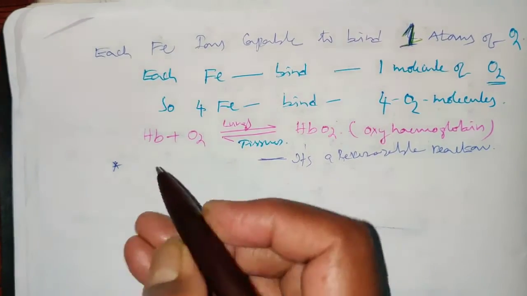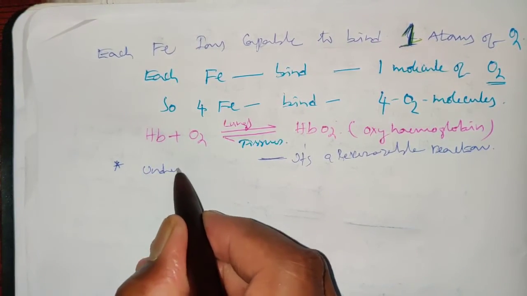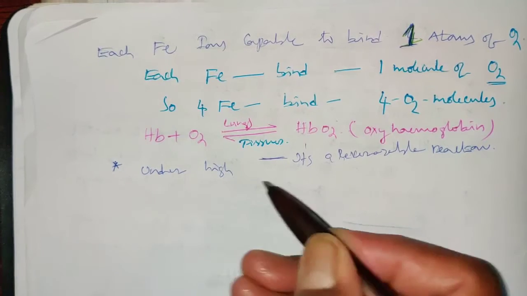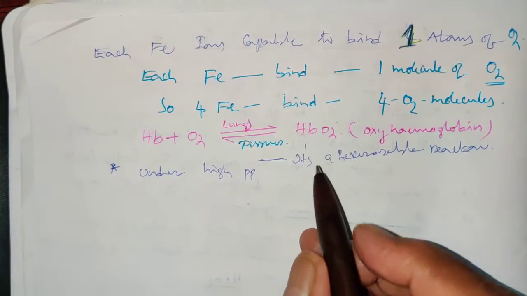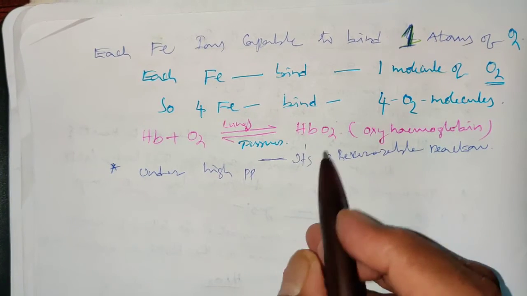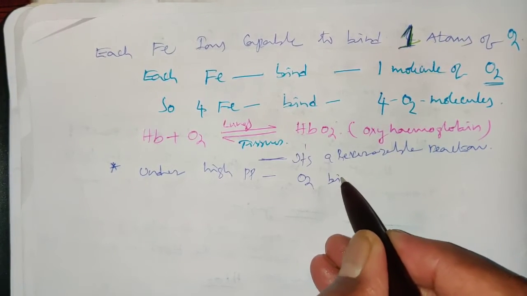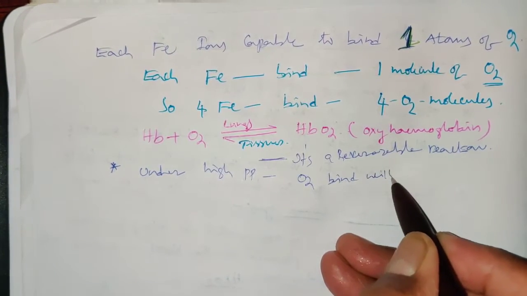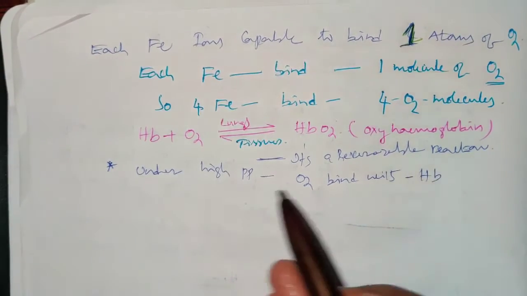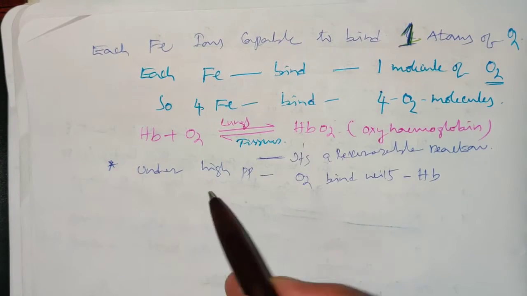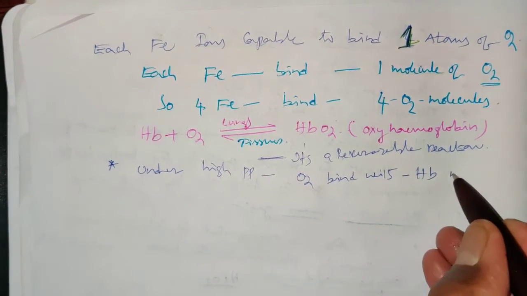A very important point: under high partial pressure, oxygen binds with hemoglobin in the lungs.